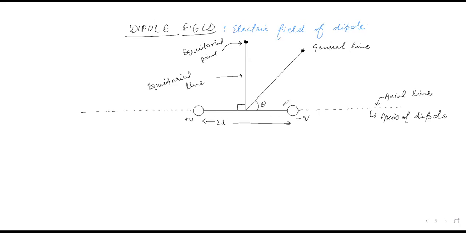This theta can be neither 0 nor 90 degrees. For a general point, it may be 10 degrees, 15, 30, 50, 60, 70, 80 or 85 degrees, but neither 0 nor 90 degrees from the center of the dipole. Do you understand?